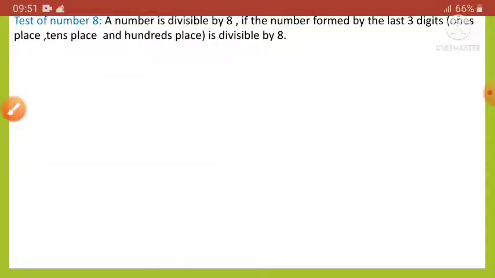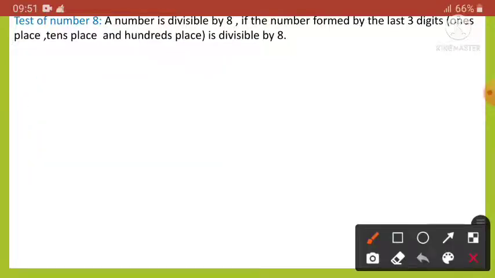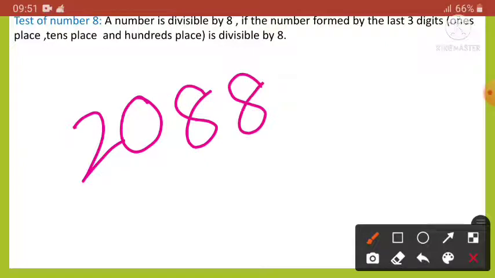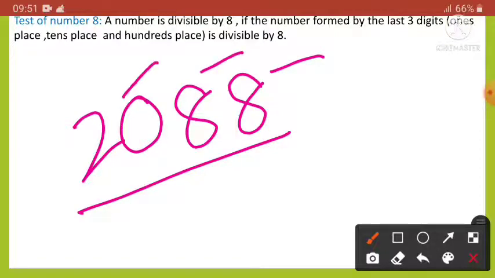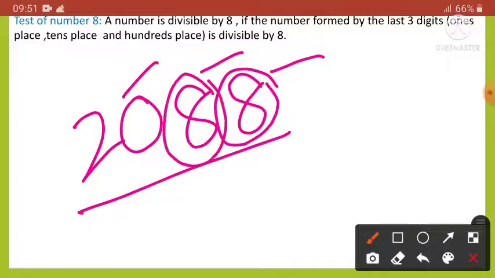But if we take a 3-digit number or more, suppose we take a 4-digit number, here 2088. Now if we want to check this number for the divisibility test of 8, then we have to take the last 3 digits, that means the ones place, the tens place and the hundreds place.